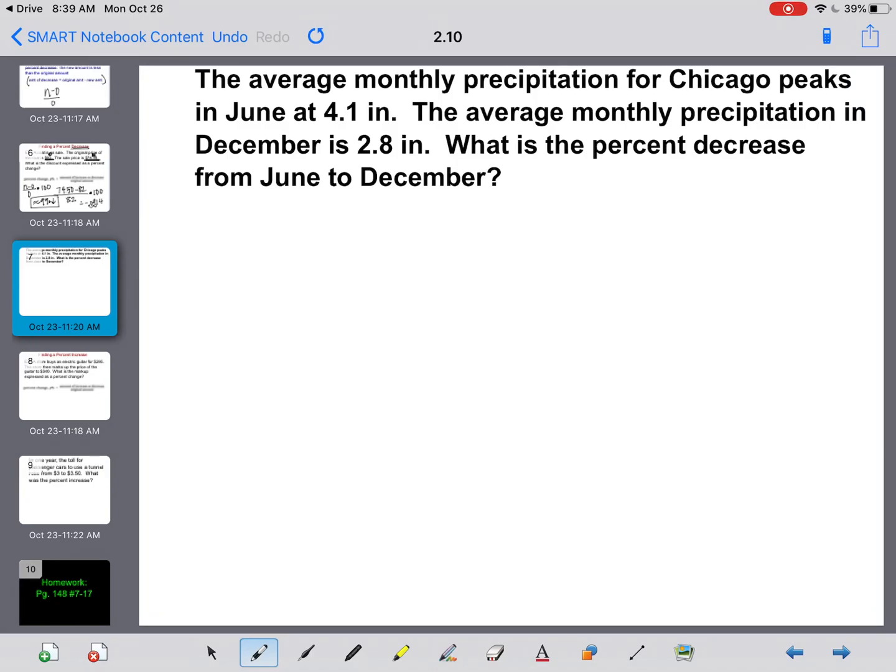Okay, the average monthly precipitation for Chicago peaks in June at 4.1 inches. The average monthly precipitation in December is 2.8 inches. What is the percent decrease from June to December? This is where original comes in handy, because the original would be the one that was first or farthest away.